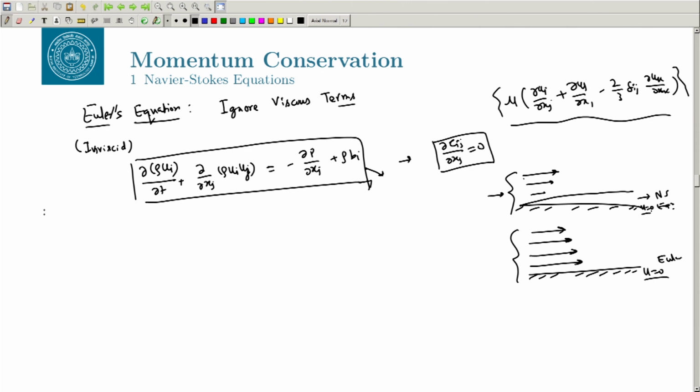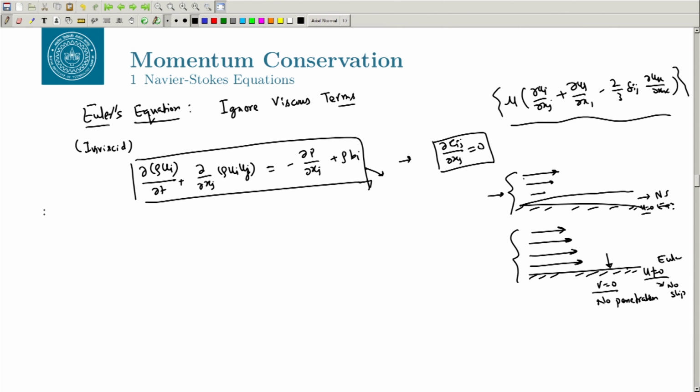In the Euler equation u does not go to 0, but v will still go to 0. v is the vertical velocity, so no penetration will be ensured, but no slip will not be ensured. So, what we will have is the slip boundary condition in the Euler flow.